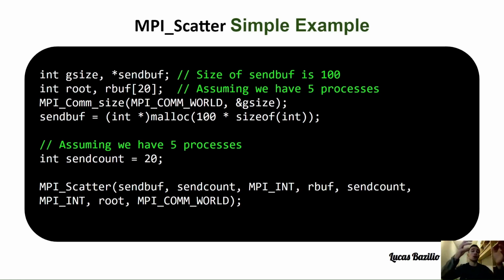Basically, I'm going to receive 20 elements for each process, and then this is going to be the size of my receive buffer. But notice, since we have 100 elements in the array, we need to allocate memory for the 100 elements in this send buffer. Of course, each process is going to receive only 20, but in the send buffer we need to have memory allocated for the 100.